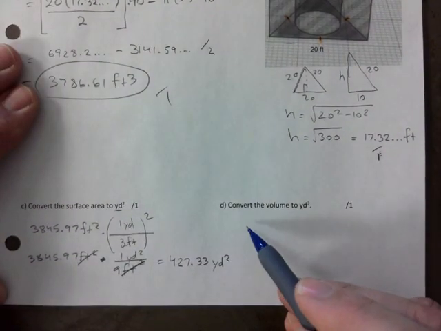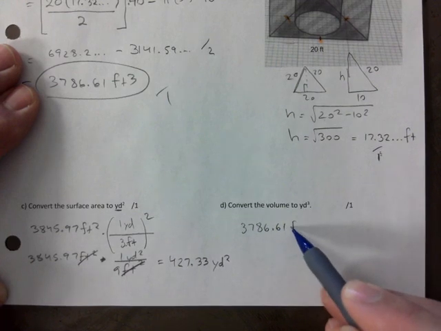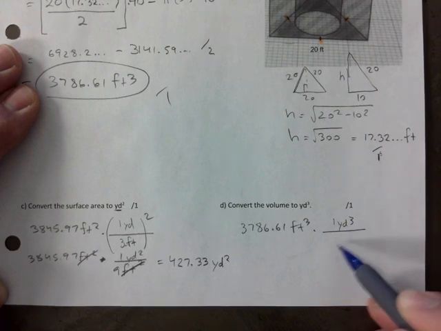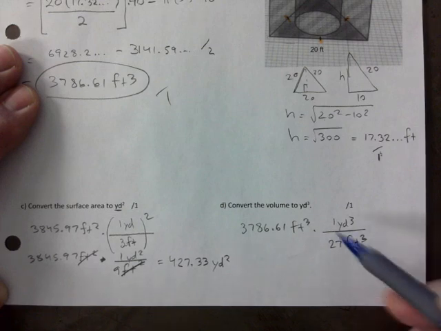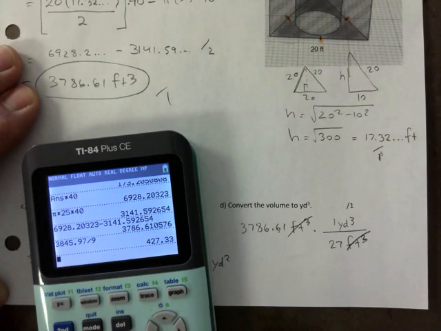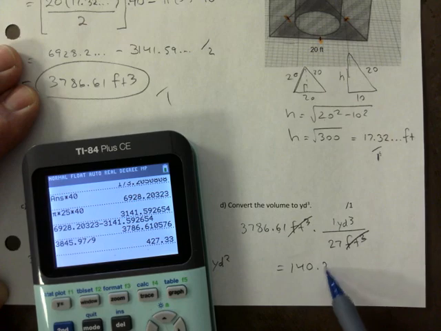Convert to cubic yards. I think you get this part already, or at least have this on your study sheet, because 1 cubic yard has 27 cubic feet, because you go 3 times 3 times 3 to get the 27. So you essentially divide this by 27 to get your answer, and so you get 140.24 cubic yards.